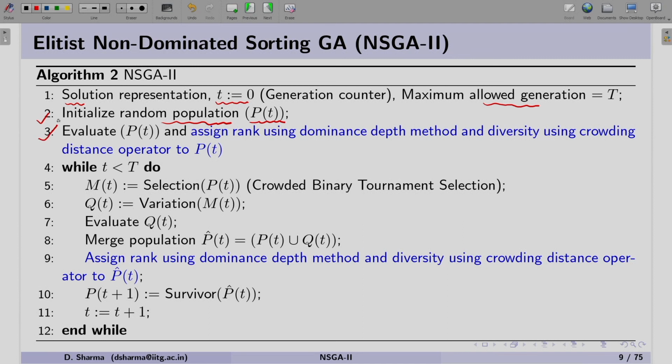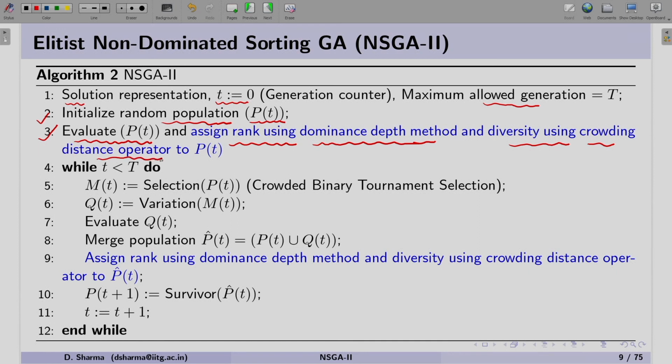Step 3 is the important step because we evaluate the population, meaning that we calculate all objectives and constraints, and thereafter we have to assign a rank using the dominance depth method and the diversity using the crowding distance operator.